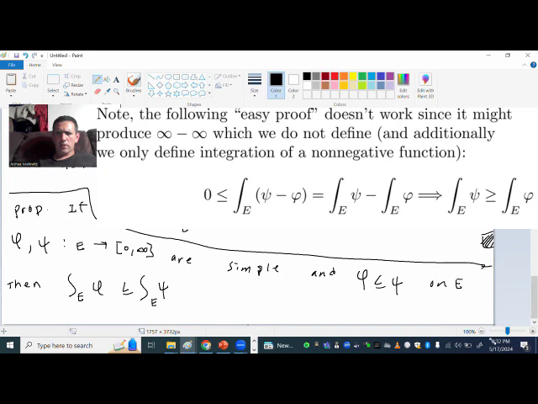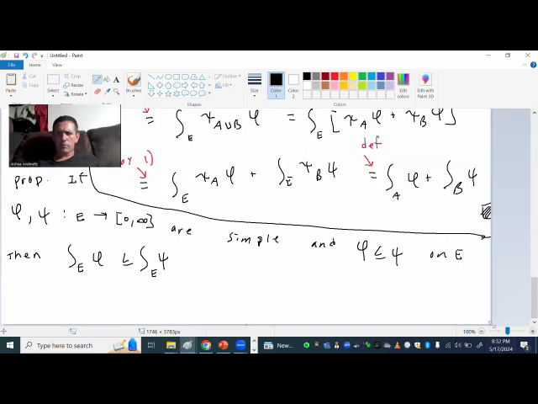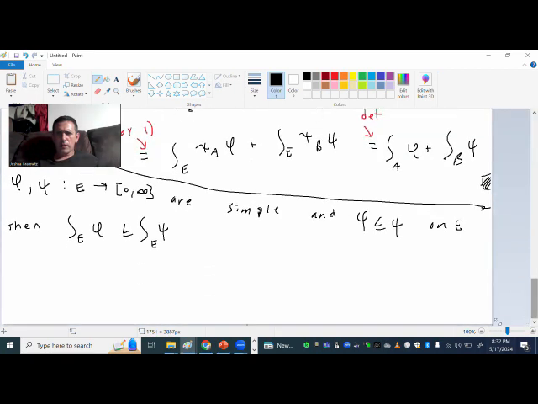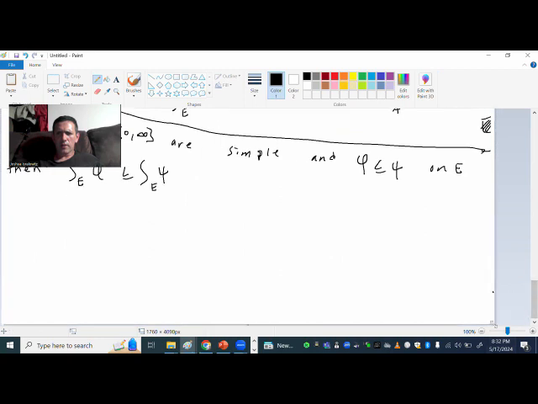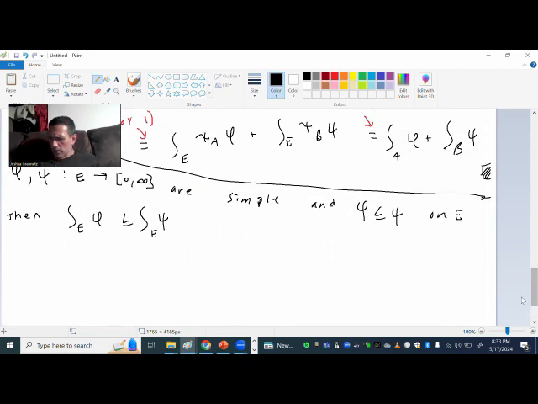All right, so let's see how to prove it. It's a very simple proof, almost the same thing as what we've done before. It's very similar to one.